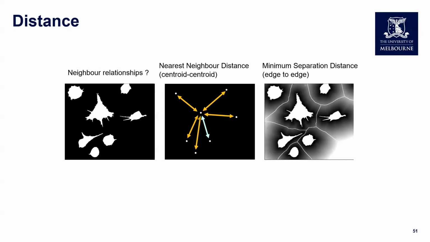If the objects are large compared to the distance between them, particularly when they are irregular in shape, vary in size, and have different orientations, then it may be more appropriate to measure the distance from edge to edge rather than simply based on the distance between the centroids.